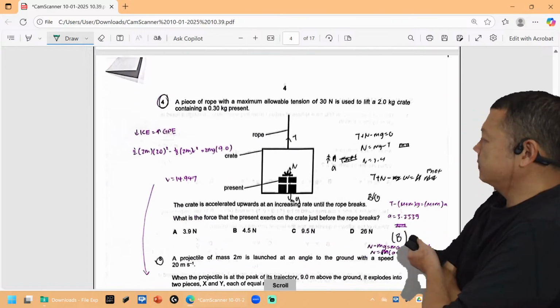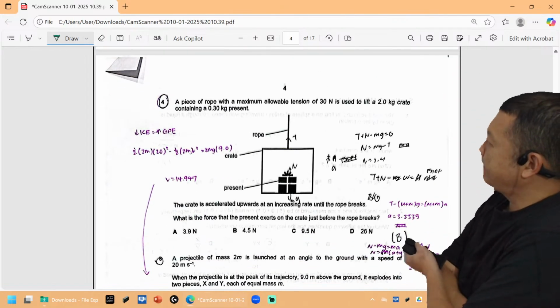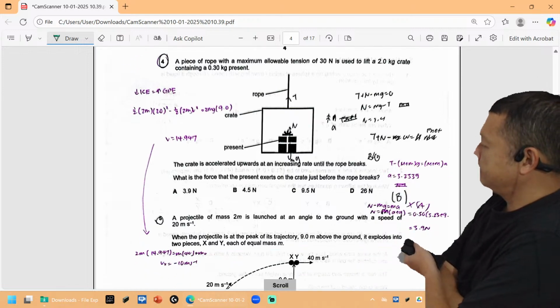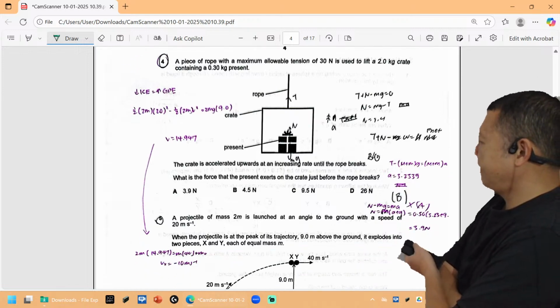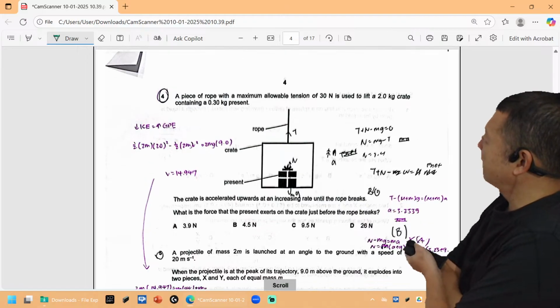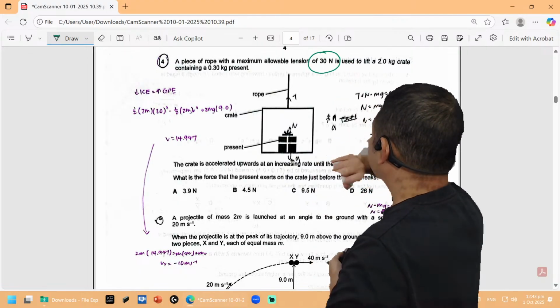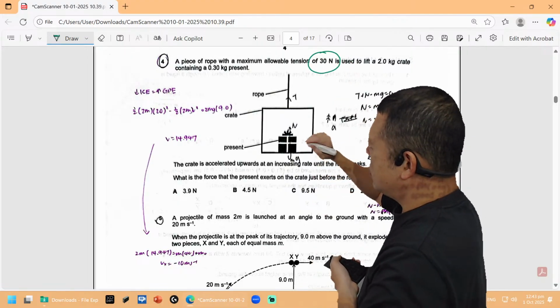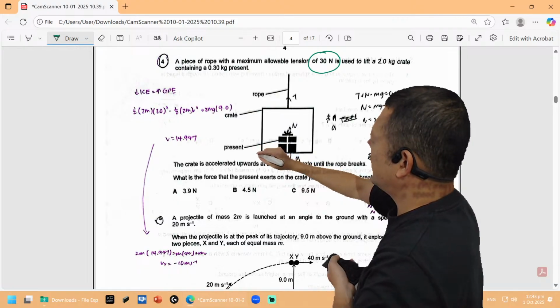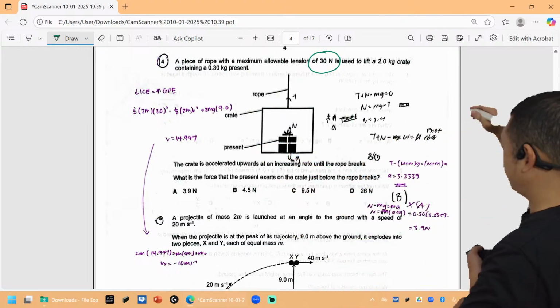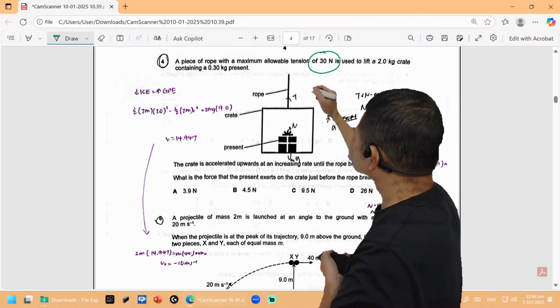Okay, next one. This one here. So the maximum allowable tension is 30 newtons. Okay.